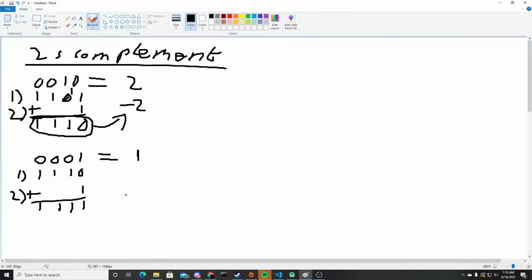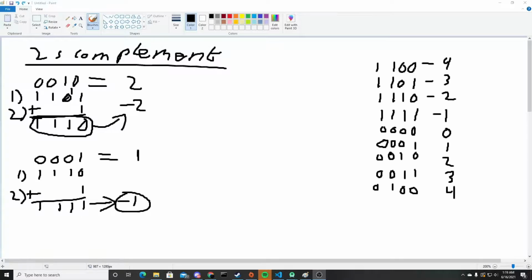This is how we would represent negative 1 in 2's complement. On the right here, I've written out how some numbers would be represented in 2's complement for the negative numbers, and the positive numbers are on the bottom. I didn't go all the way to 7 this time, I only went to negative 4, just to get the point across.